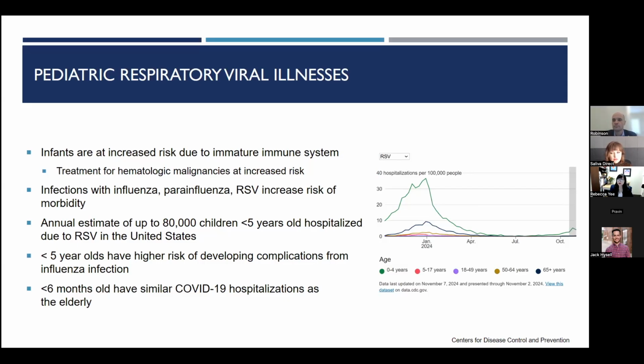Once again, in the graph on the right, from earlier this year in the winter, those who are less than 5 years old make up a lot of the hospitalizations. Additionally, children less than 5 years old have a higher risk of developing complications from influenza infection, and those who are less than 6 months old actually have a similar rate of hospitalization compared to the elderly due to COVID-19.